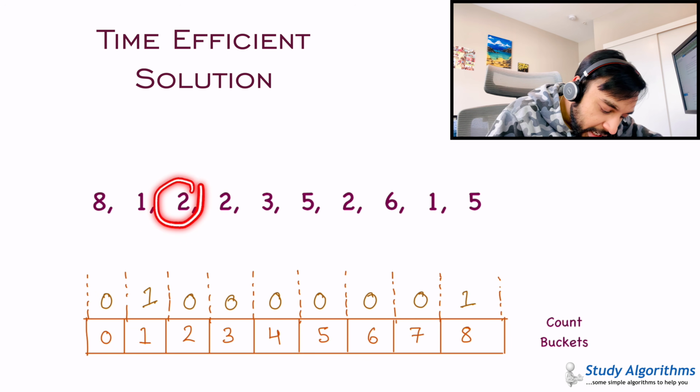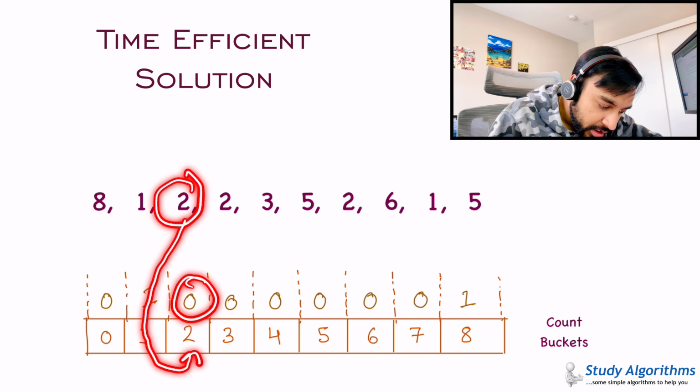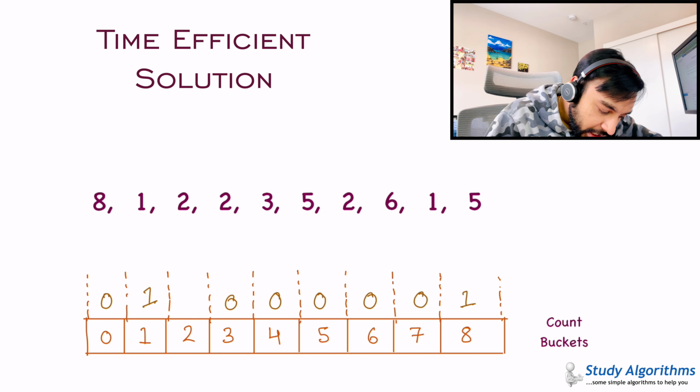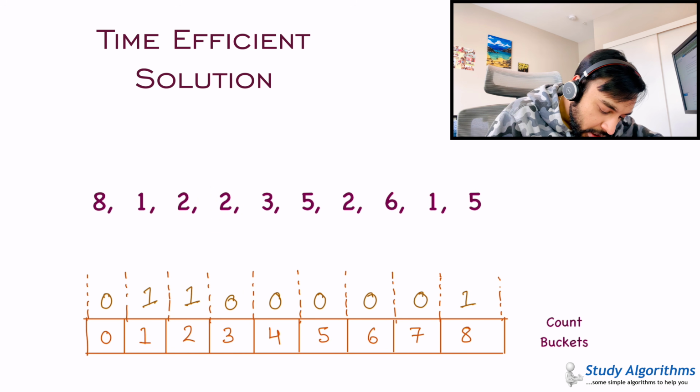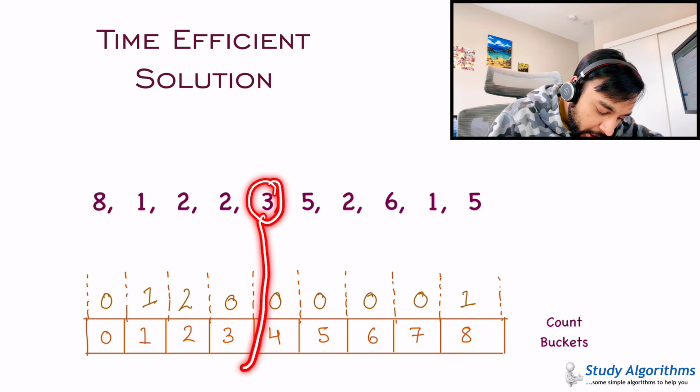Going ahead, I see the element 2. So go to index number 2 and increment this count. As soon as I increment, this would become 1. My next element is 2 again. So once again, go to index number 2 and increment this count. If I increment this count, it will become 2. Similarly, for number 3, I will increment the count at index number 3.